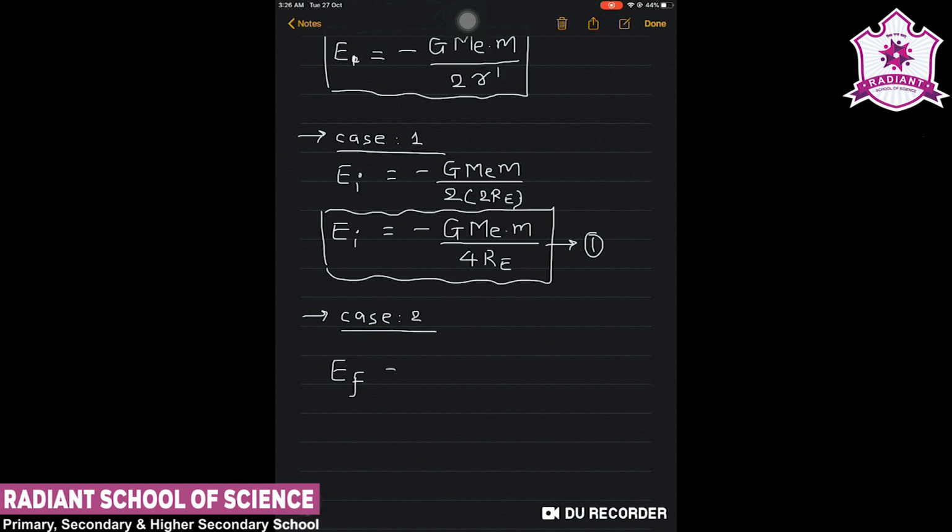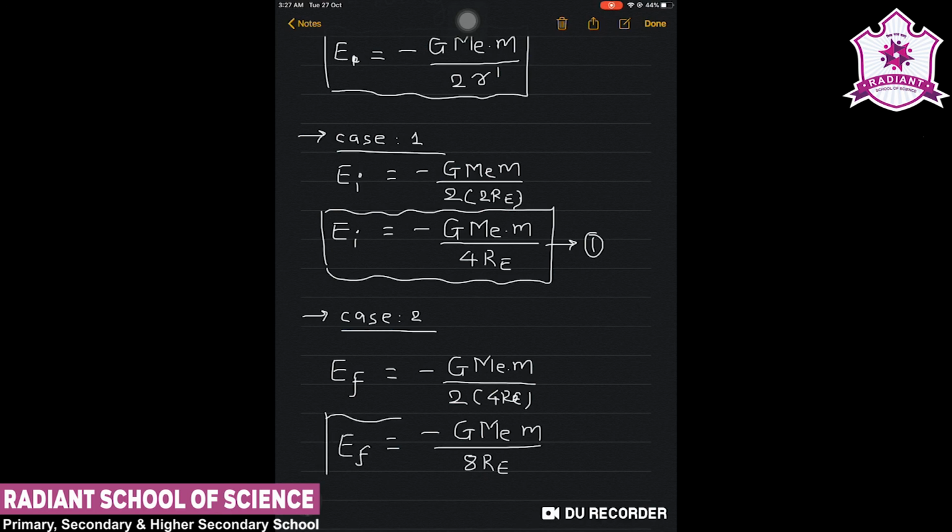So the final energy, we can say, is minus G M_E m over 2 times 4 Re, and therefore this equation would be minus G M_E m over 8 Re. So this is the final mechanical energy.